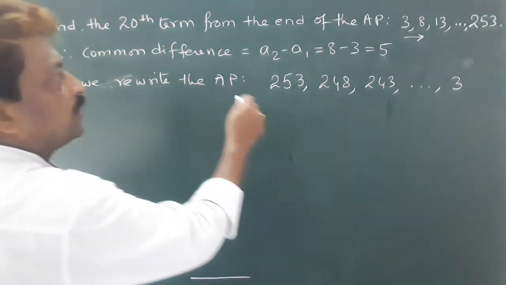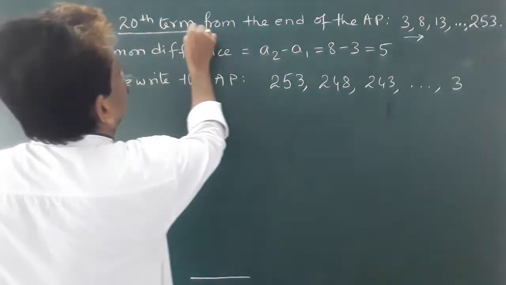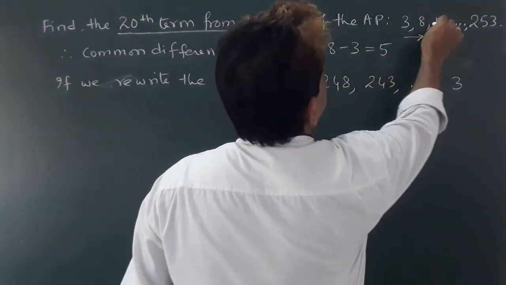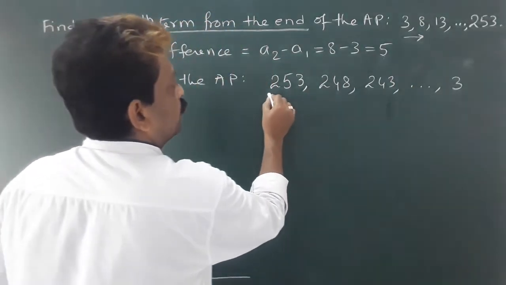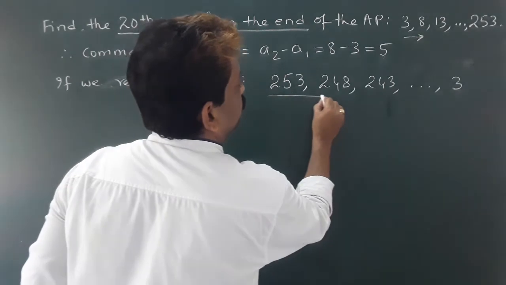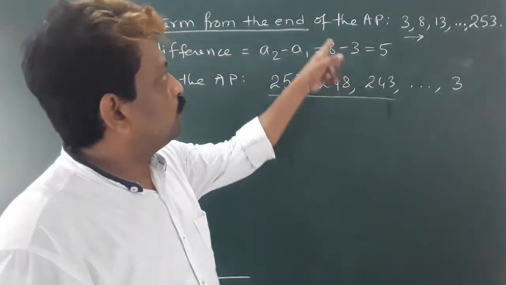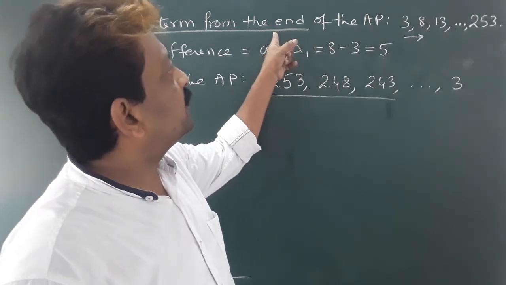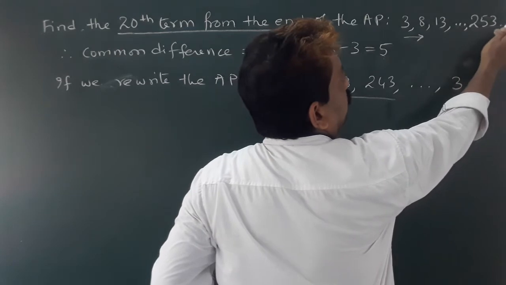Since we have to calculate the 20th term from the end of this AP, it will be the 20th term from the beginning of this new AP. Just try to understand: we have to find the 20th term from the right to left.